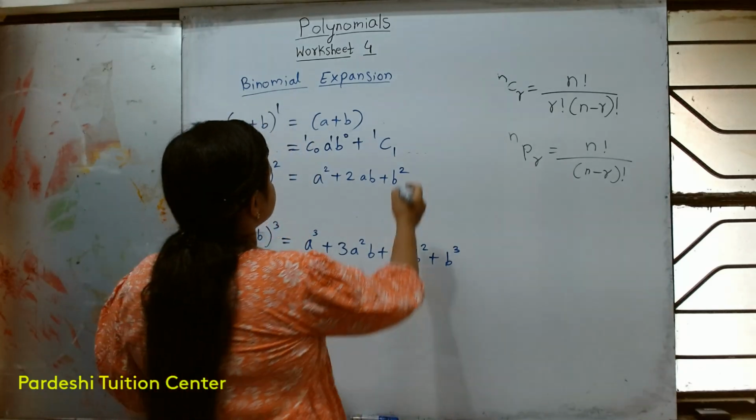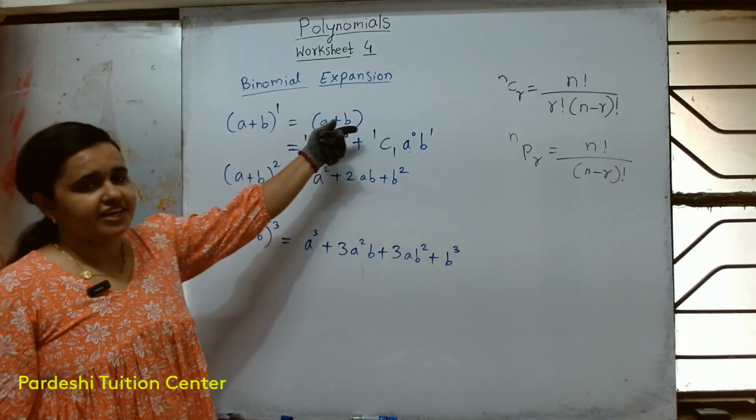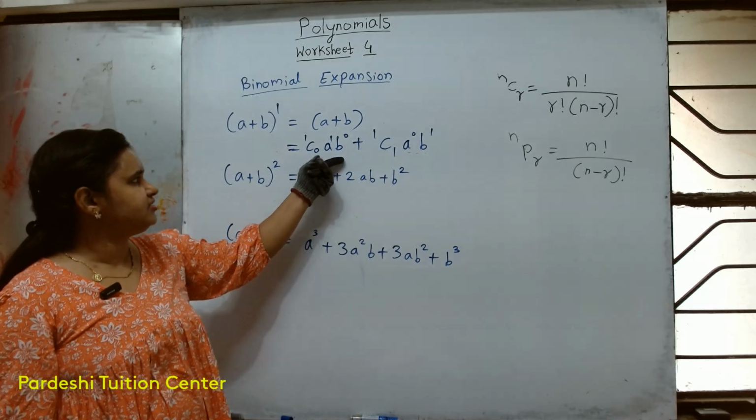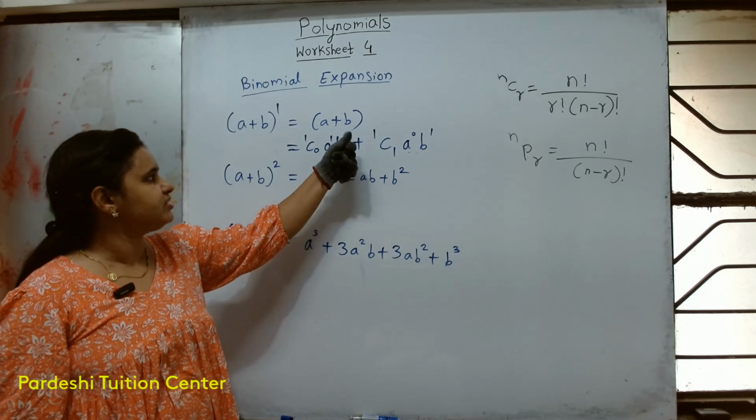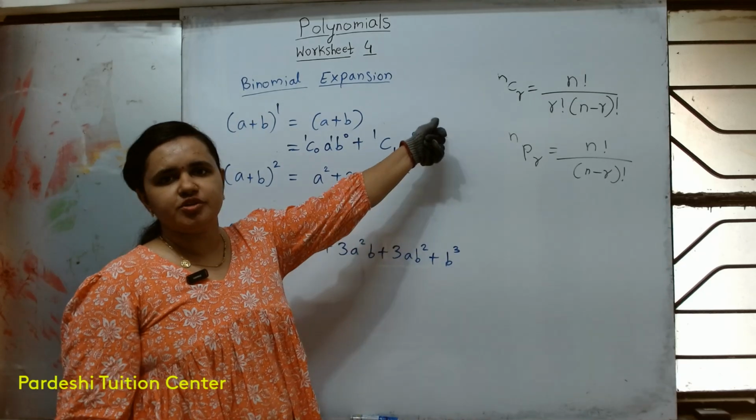We can write a plus b in the form of 1c0 a to the power 1 b to the power 0 plus 1c1 a to the power 0 b to the power 1.